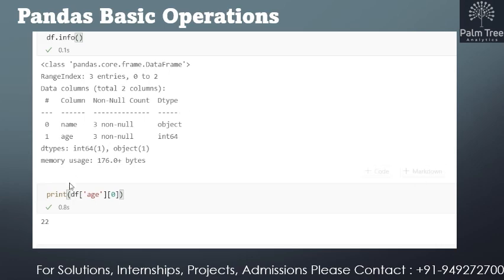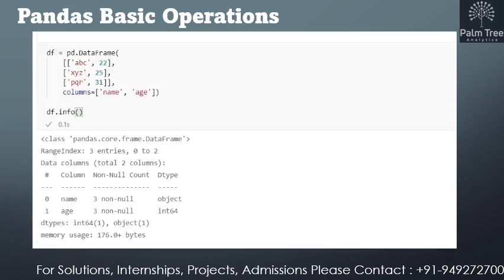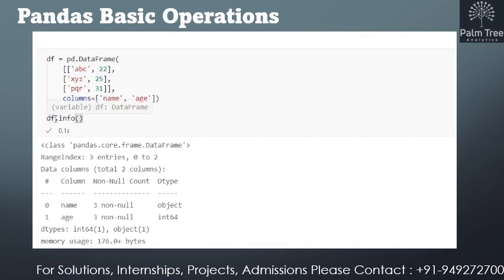And with df.info, it gives the information about the number of columns and the column names, how many are non-nulls, and what the object type is. So this is one way of exploring the data.